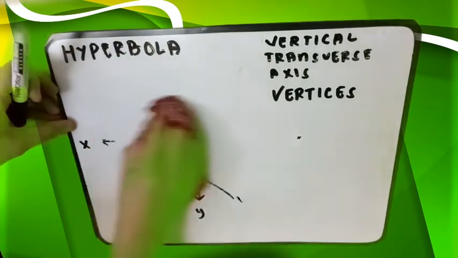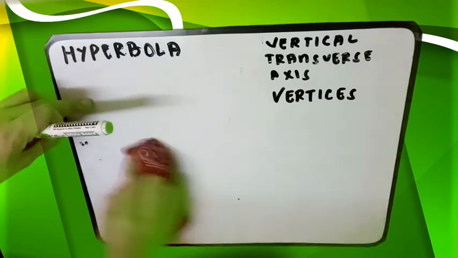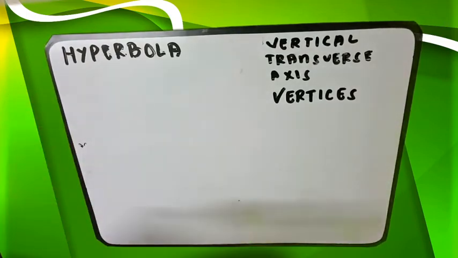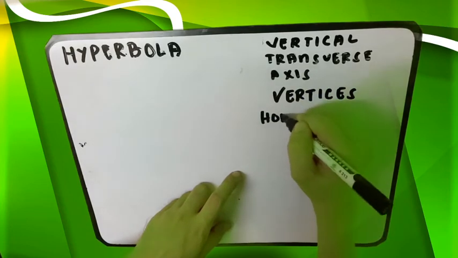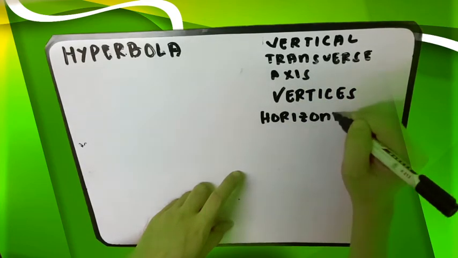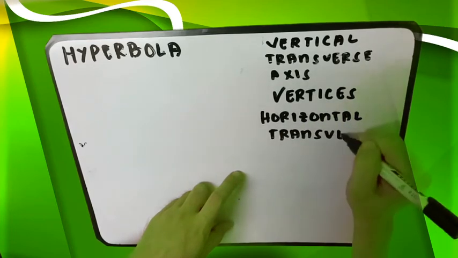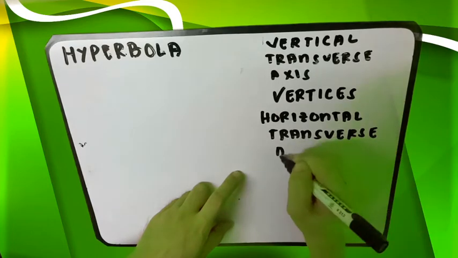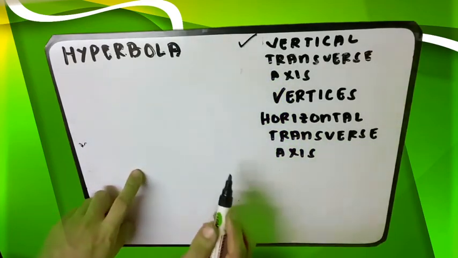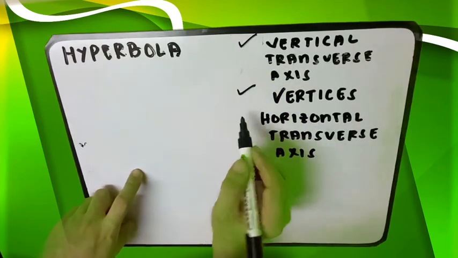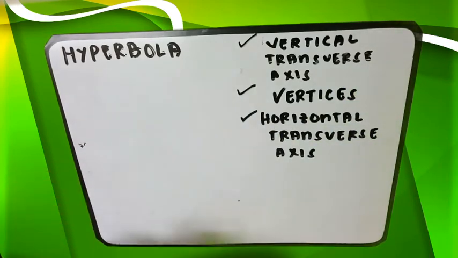So sa hyperbola, we have vertical transverse axis and we also have horizontal transverse axis.